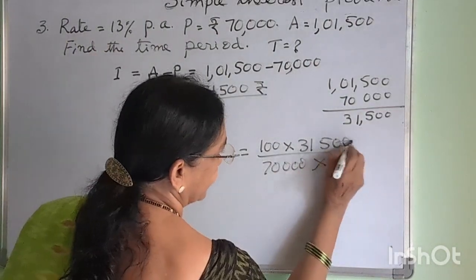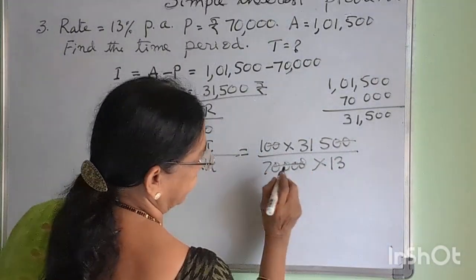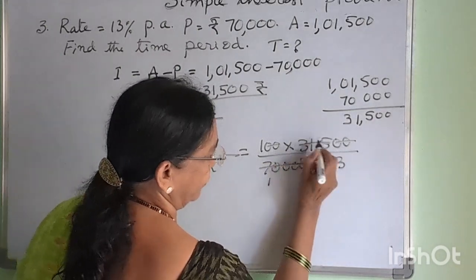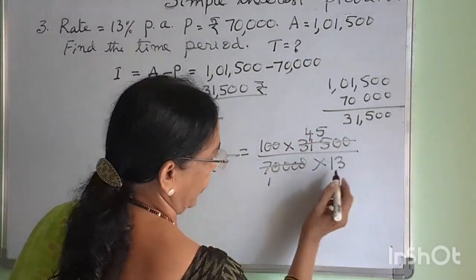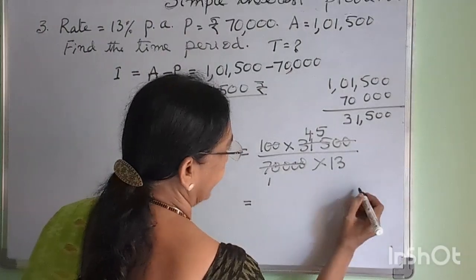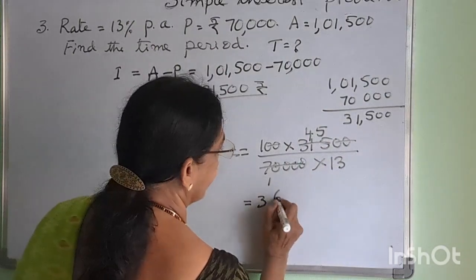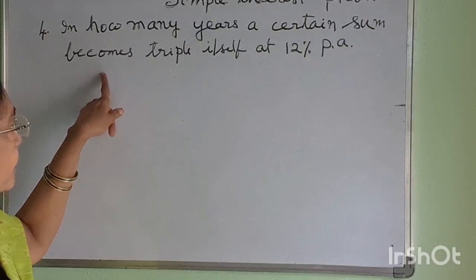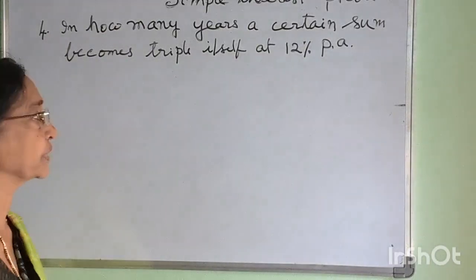Here 2 zeros and 2 zeros, 4 zeros cancel. 7 fours are 28, 7 fives are 35, so 45 by 13. 13 threes are 39, 6 by 13.